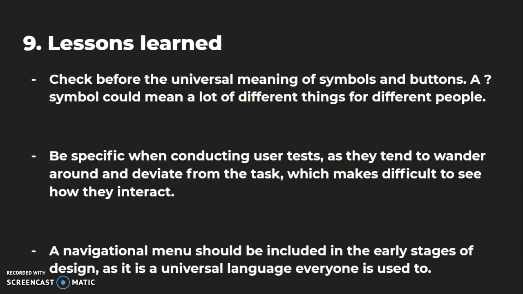They click everywhere, they're all over the place sometimes, so it's difficult to evaluate what you want to evaluate. Because maybe they start criticizing the content and you just want to see if the buttons are clear, if the navigation is clear. It's a bit of a problem. And the navigation and menus should be included from the beginning. It's like a universal language.